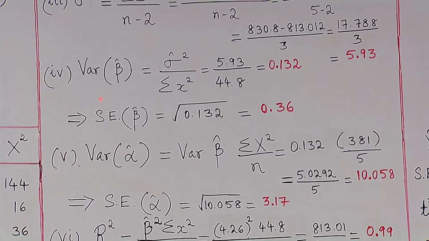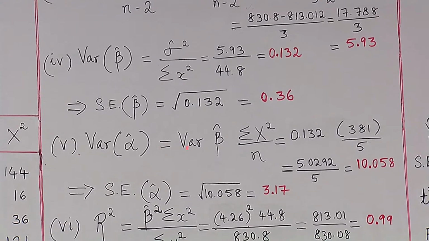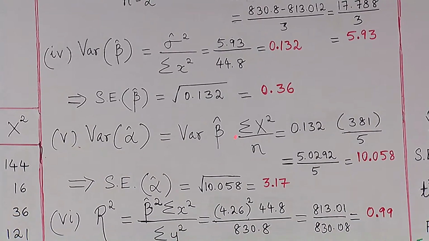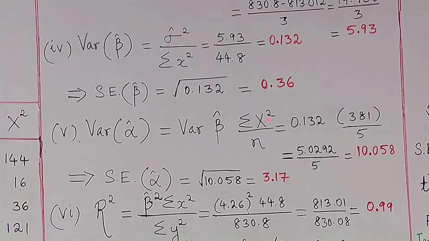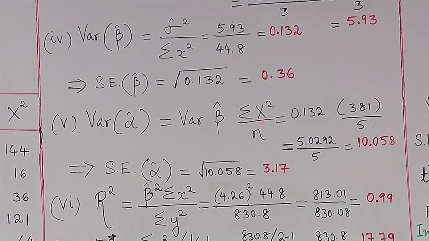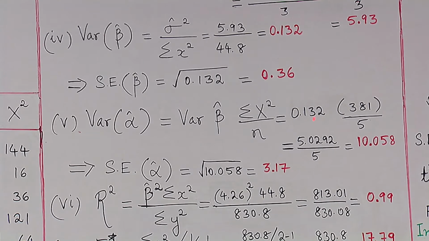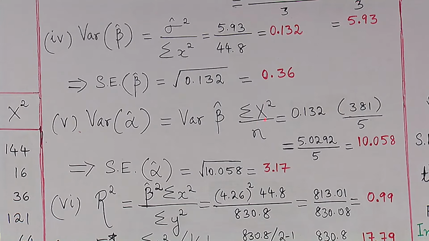After the variance of beta hat, we go on with the variance of alpha hat. Here the formula is variance of beta hat into sigma capital X square divided by n. As we have already calculated the variance of beta hat, we substitute the value 0.132 in this formula, and accordingly the sigma capital X square value, 381.